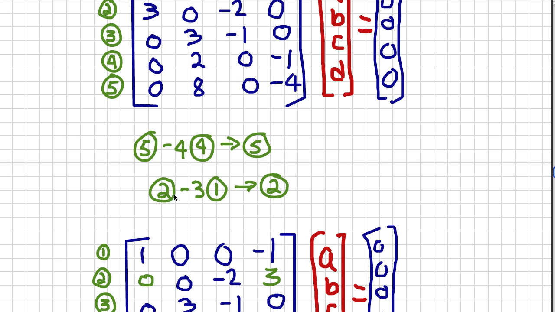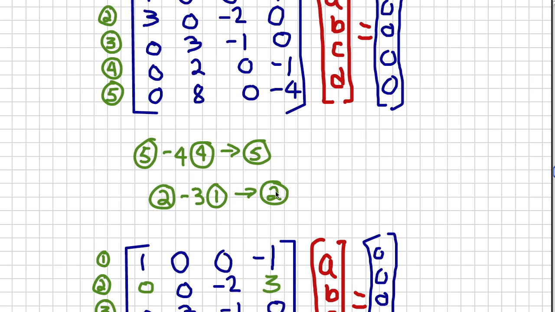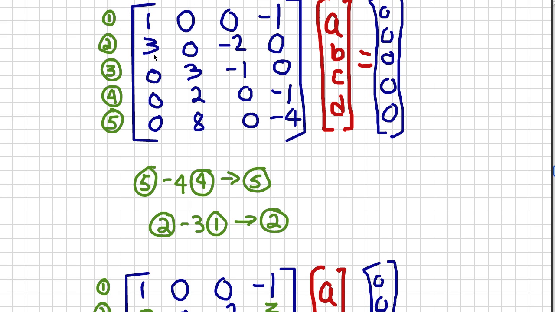Then I do a second set of row operations where I take row 2 and subtract from it 3 times row 1 and put that back into row 2. So row 2 is 3, and I subtract 3 times 1, which gives me 0. 3 times 0 subtracted from 0 is 0. 3 times 0 subtracted from negative 2 is still negative 2.